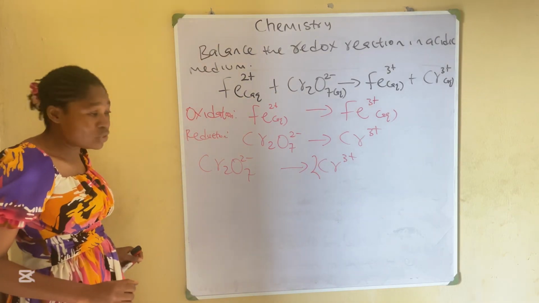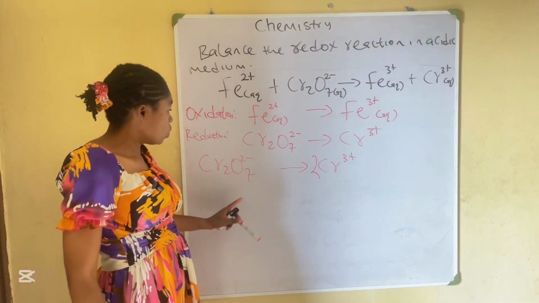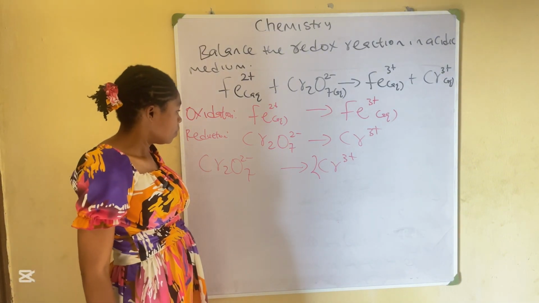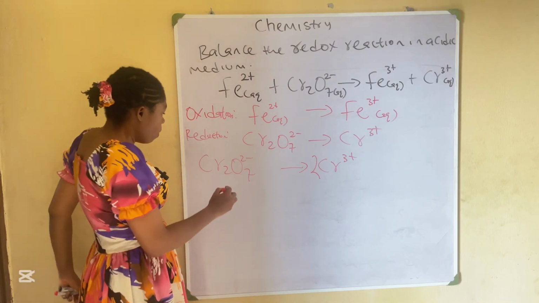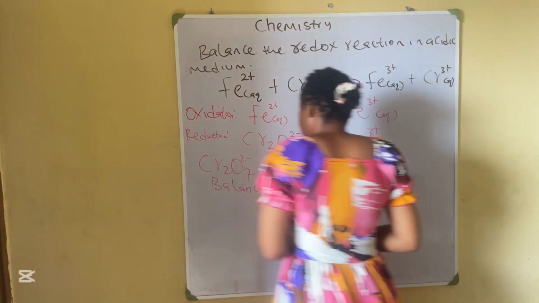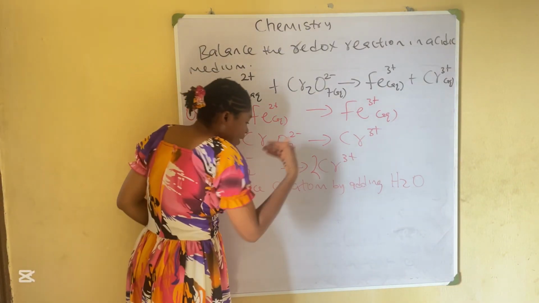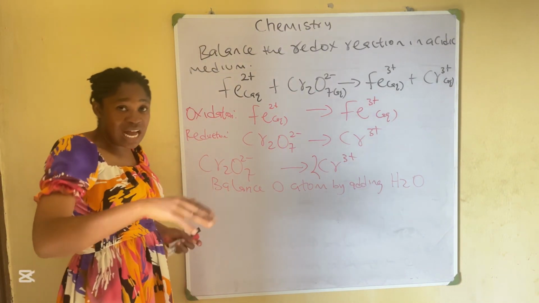So the next thing is to balance the oxygen atoms by adding water. On the right hand side, I have 7 atoms of oxygen on the other side, so that means there's a lot of oxygen. Add water there.